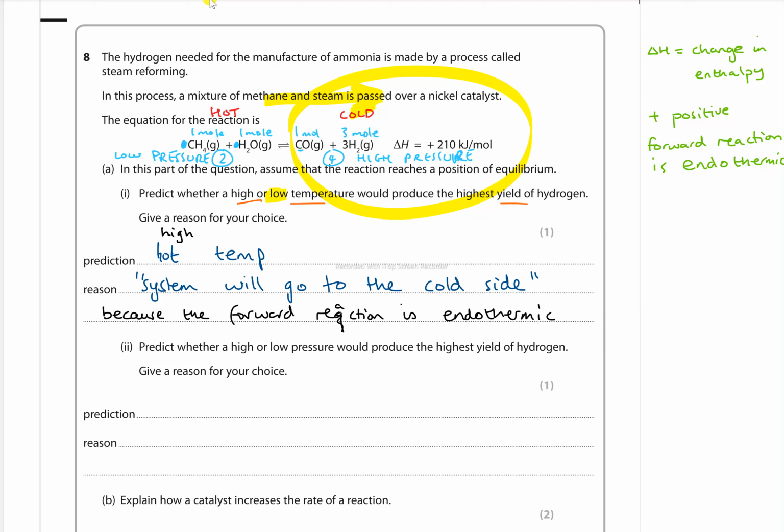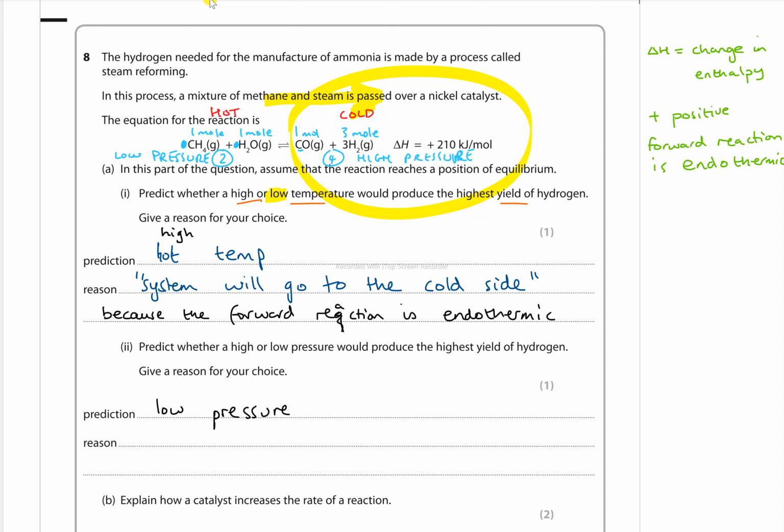Right, the same thing here. They're saying give a reason whether high or low pressure. So we want to be on the yellow side. That's got high pressure. So what we need to do is use low pressure. Why?